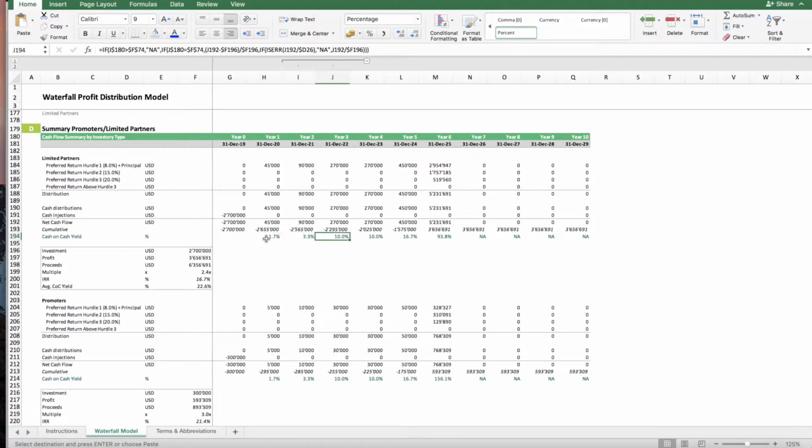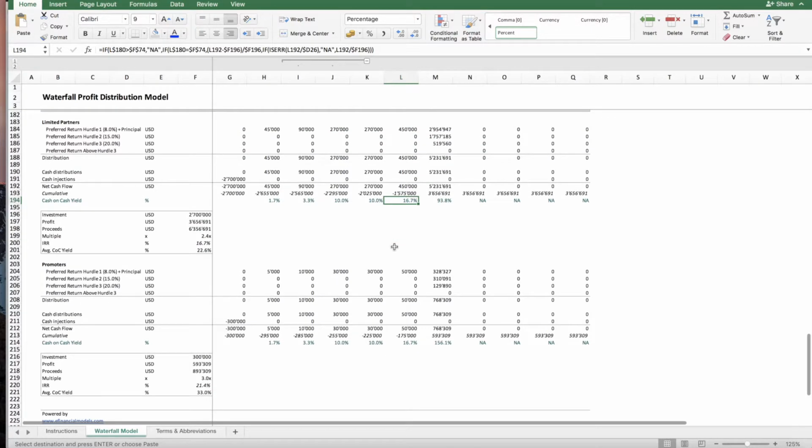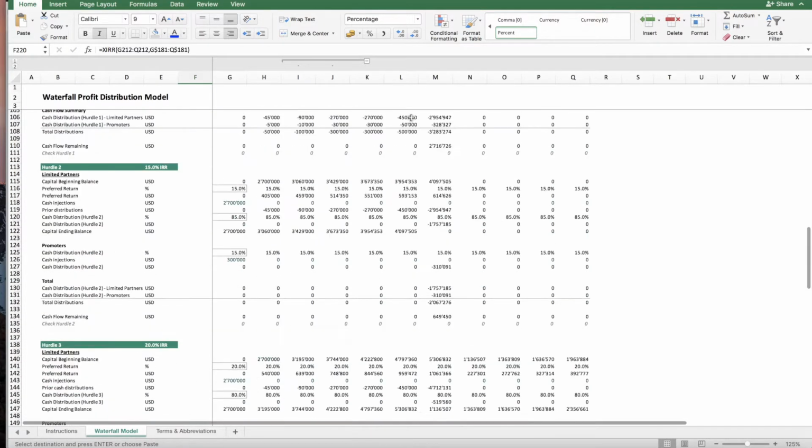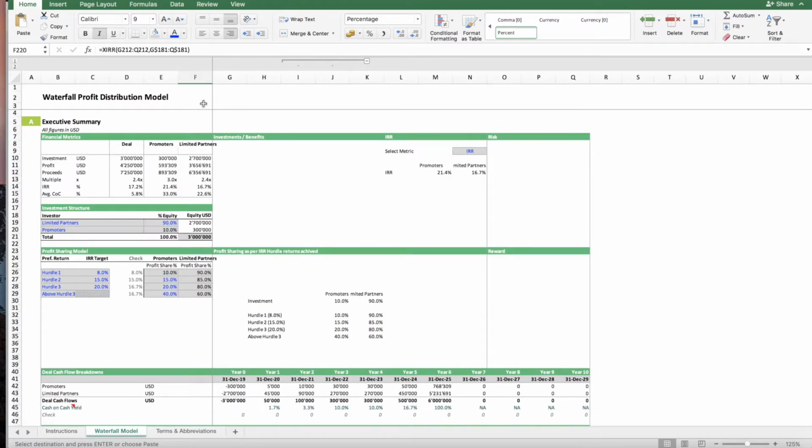This is more relevant if you are not exiting that soon. If you're seeking to buy and hold, then you might be more interested in that figure rather than the IRRs, just for information purposes. In this case, the LPs have an IRR of 16% and the promoters have an IRR of 21%. So now let's look at the overall picture.